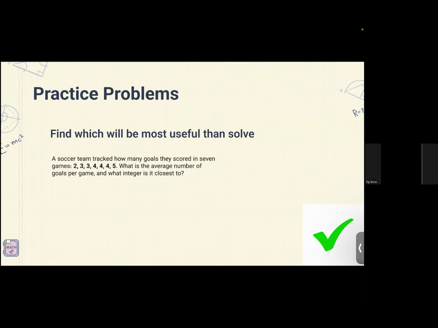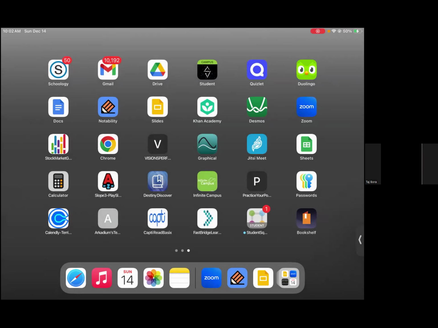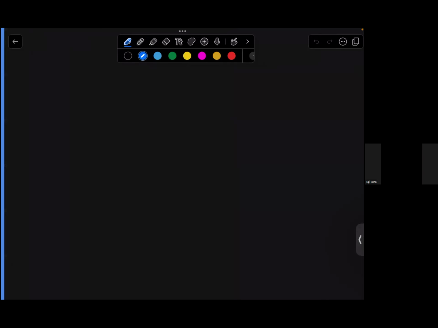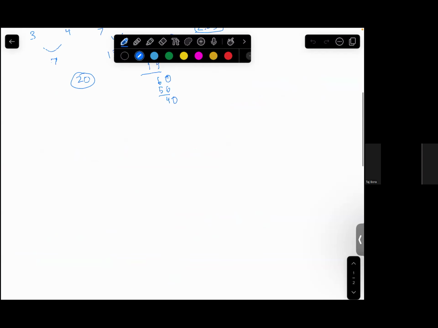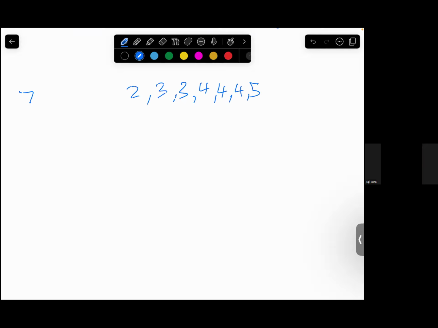Okay, I will show the solution to this problem now. Okay? So, we are given that a soccer team has had 7 games, and then they have scored 2 goals, 3, 3, 4, 4, 4, and 5.